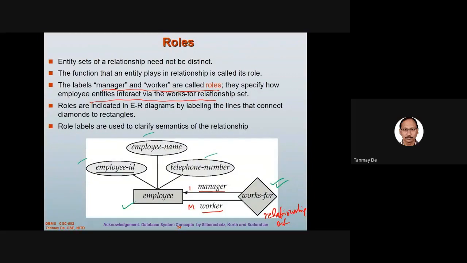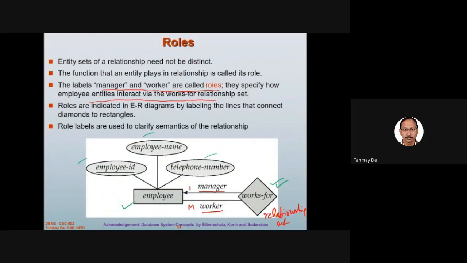The role is important, or a role is required to represent the ER diagram when the entity sets of a relationship set are not distinct. That is, a relationship set can associate the same entity set.